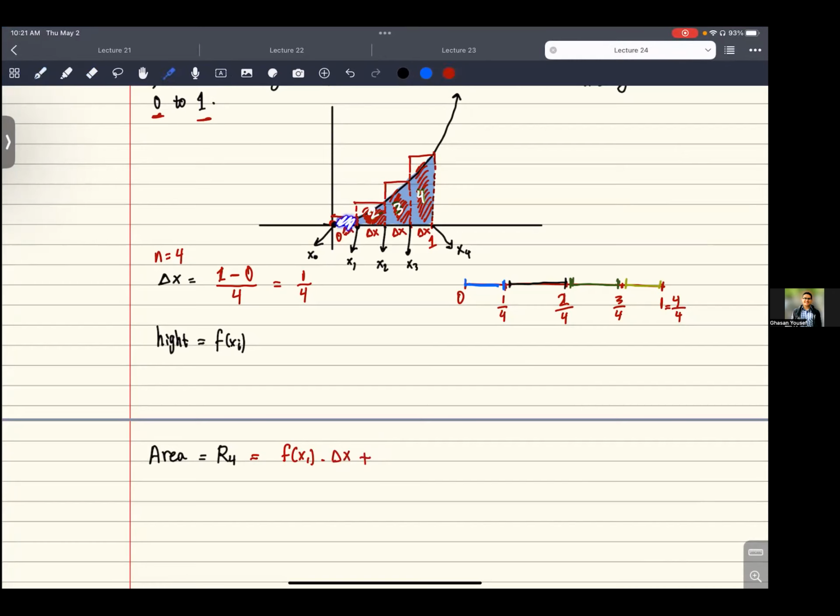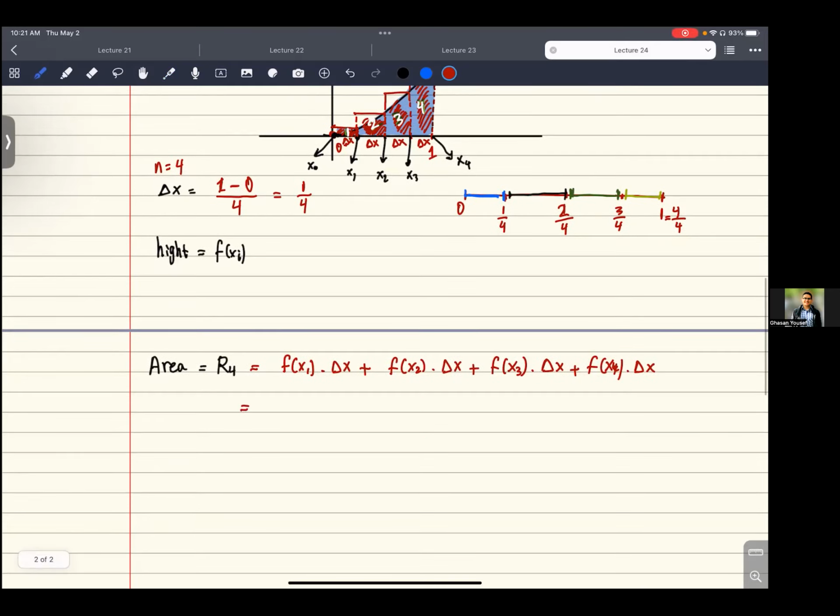The area of the first rectangle is f of x1 times delta x, plus the second rectangle, f of x2 times delta x, plus f of x3 times delta x, plus f of x4 times delta x.